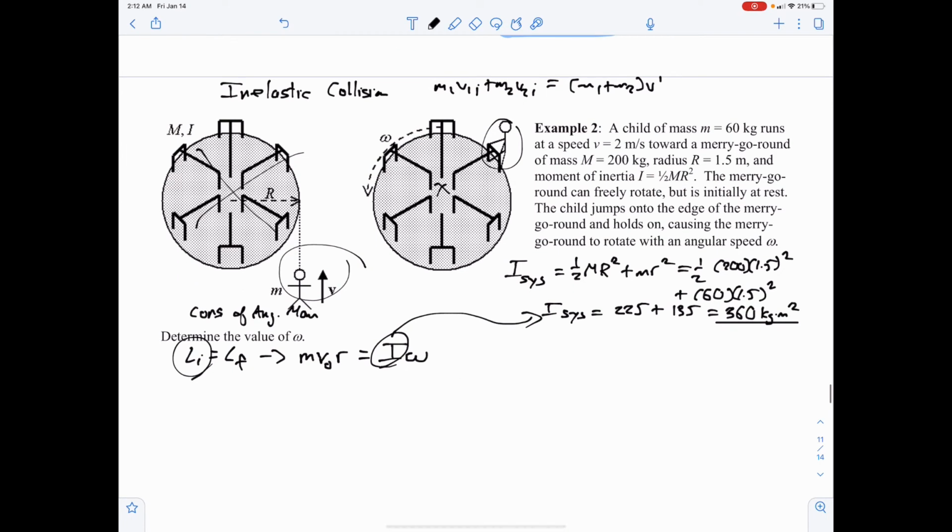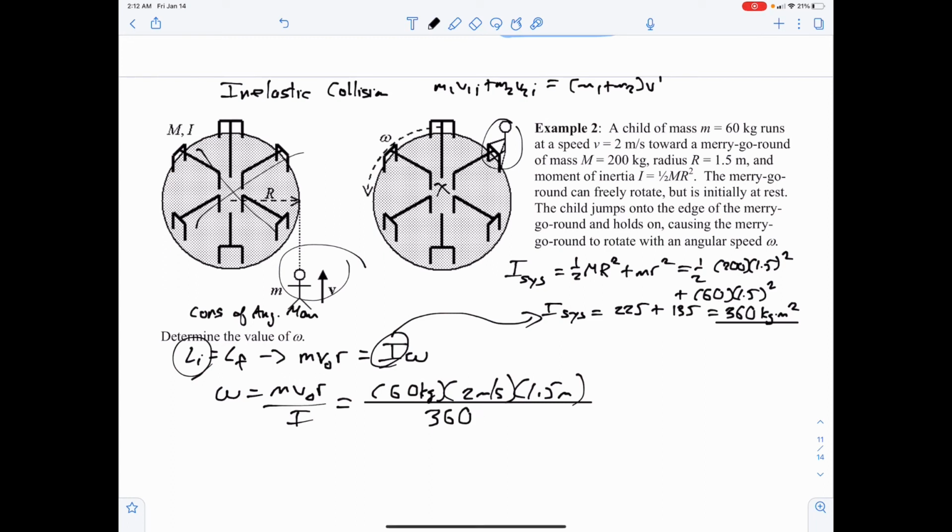Dividing by I, omega equals m v naught times r over I. So it's the mass of the child at 60 kilograms times the initial speed of 2 meters per second. The child is running beforehand, radius of 1.5 meters, all divided by I, which for the system we found to be 360 kilograms meters squared.